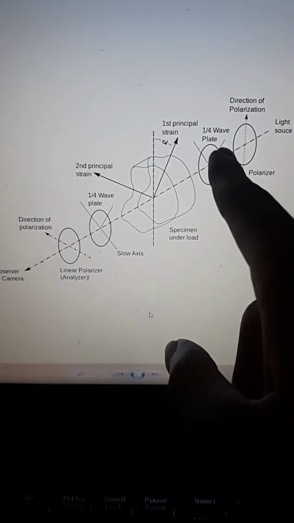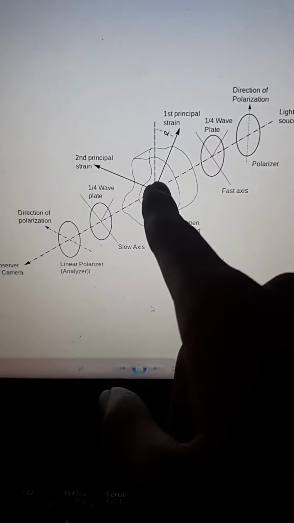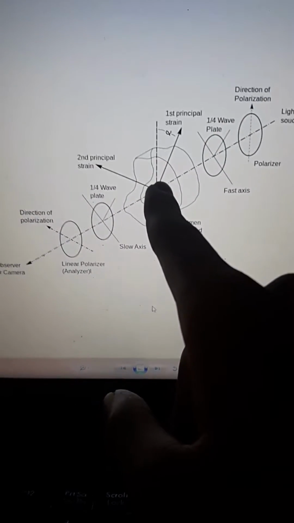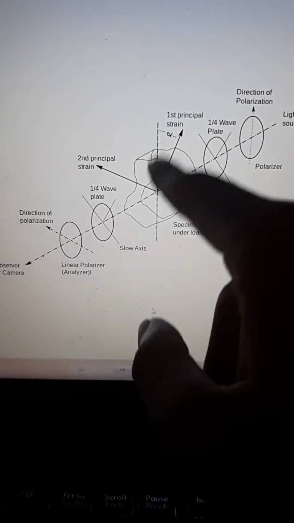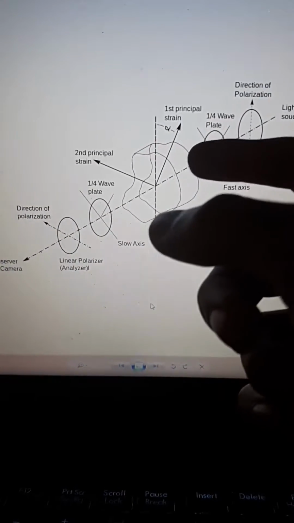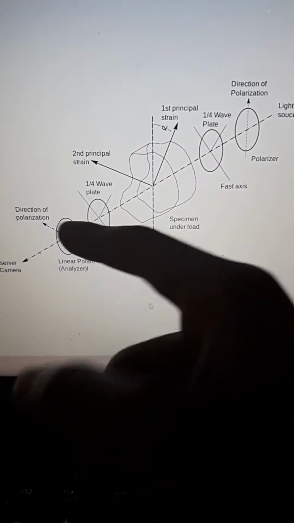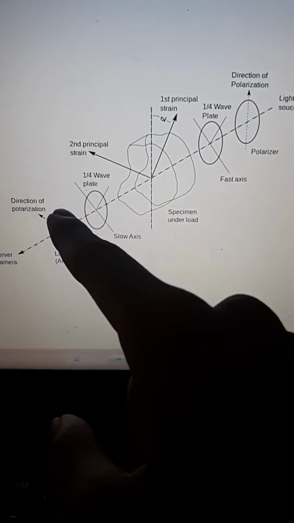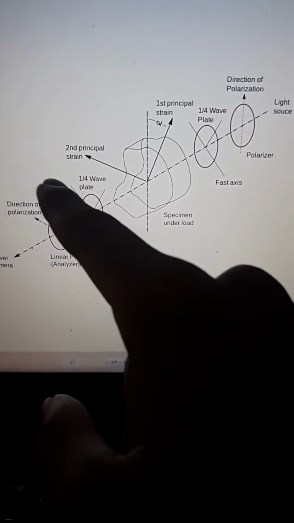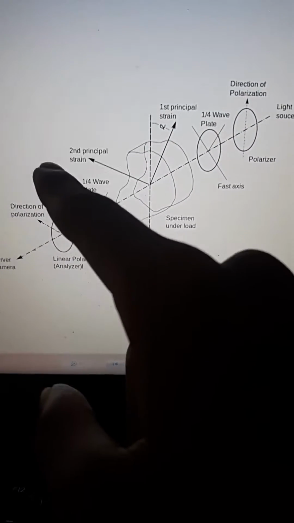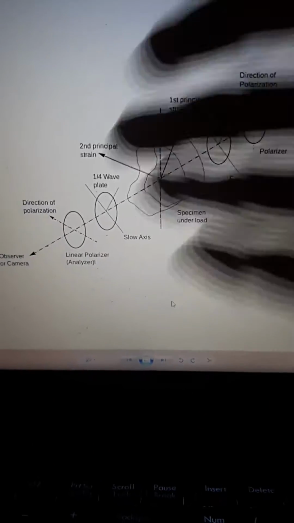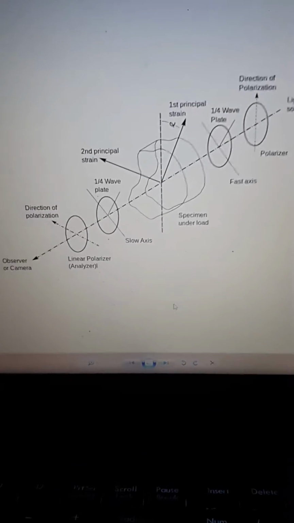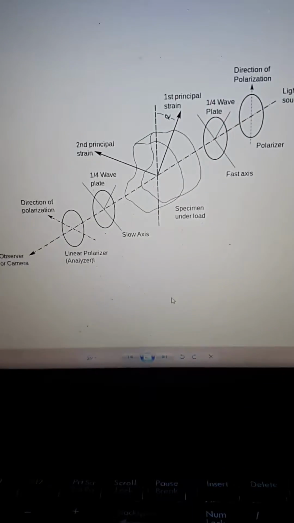This light then passes through the material under observation and experiences some changes in polarity, and after that it is refracted into the analyzer, which lets light of its orientation pass through. The image can be seen by placing a dark or a light background depending on the specimen that we use.